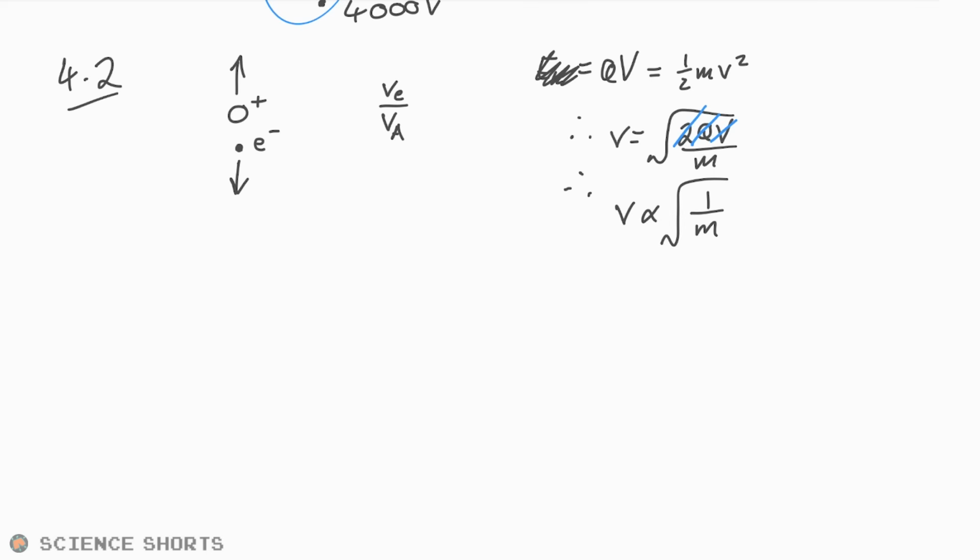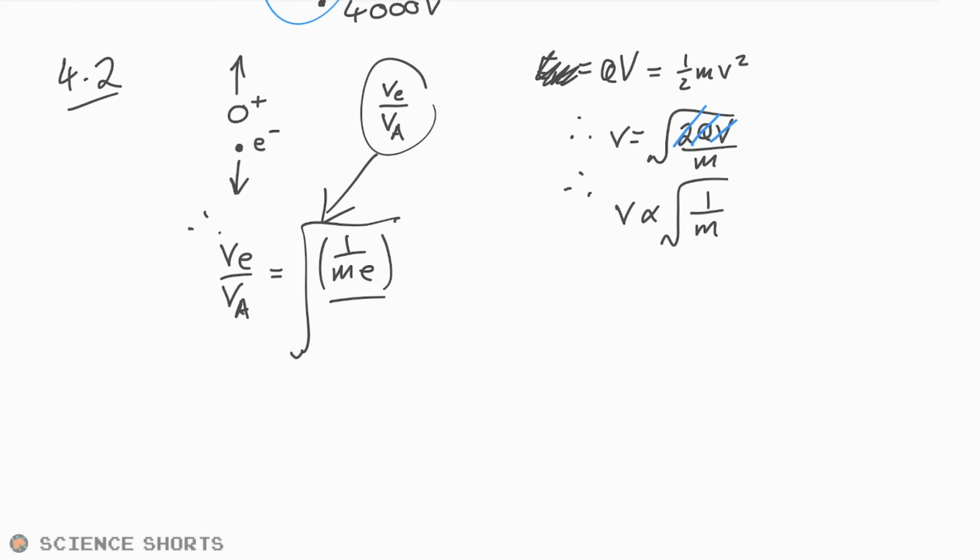So I can say that VE over VA is equal to, can I just combine them all in one root? Thank you. So 1 over ME divided by 1 over MA, but this can end up on top. So in other words, it's just the root of MA over ME.